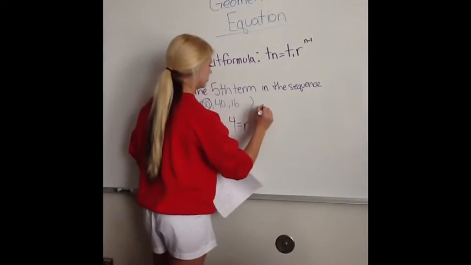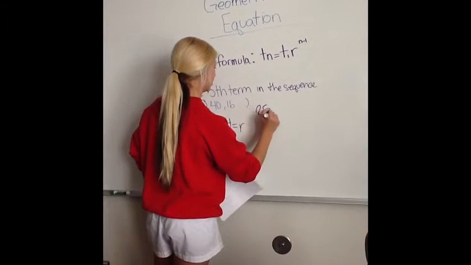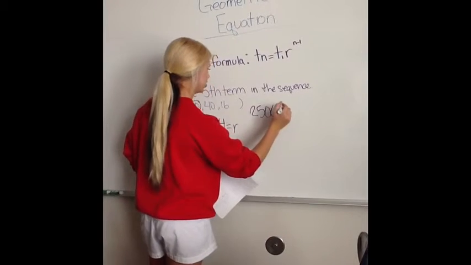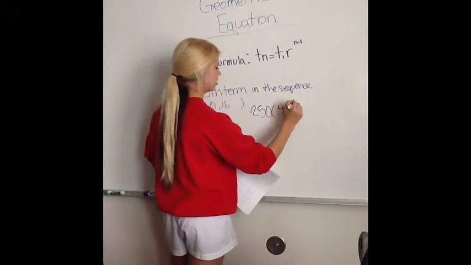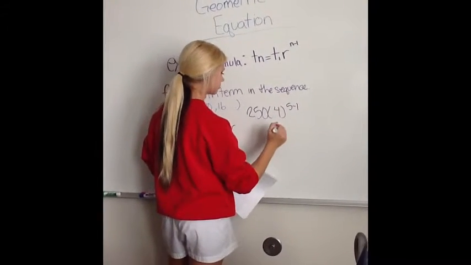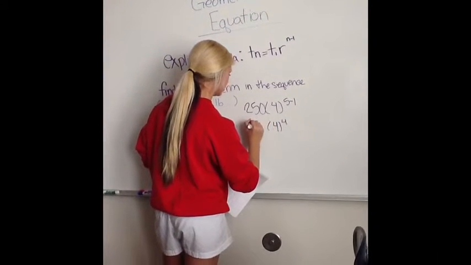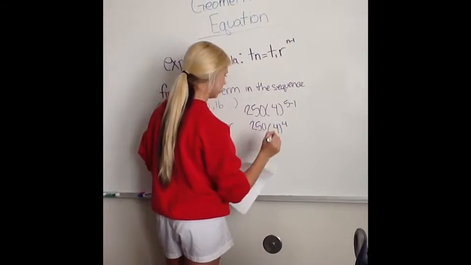And then you plug in the numbers. So the first term is 250 times 0.4, and you're trying to find the fifth term, so it would be 5 minus 1. So 0.4 to the 4th, times 250.